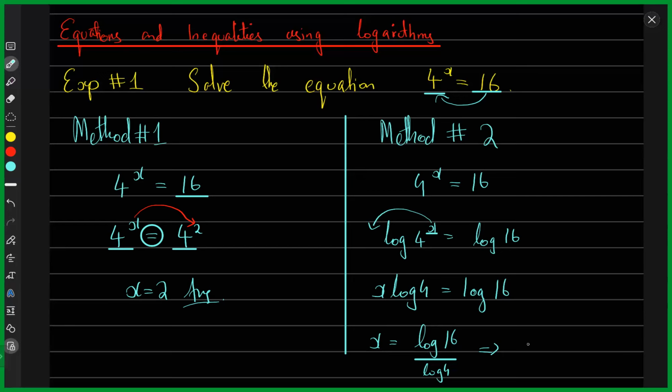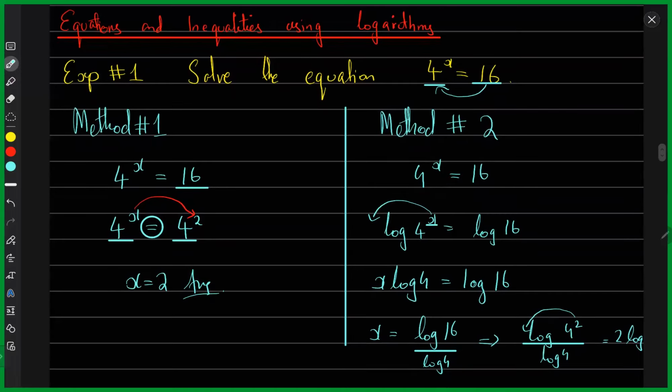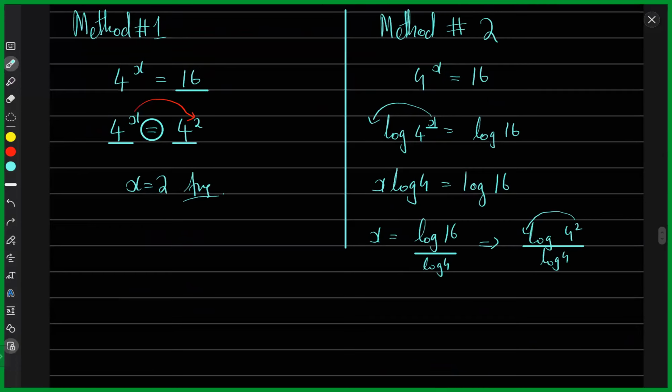Log 16 can be written as log 4 squared, and then this is divided by log 4, and now I can again take this 2 over here, so it would become 2 log 4 divided by log 4.